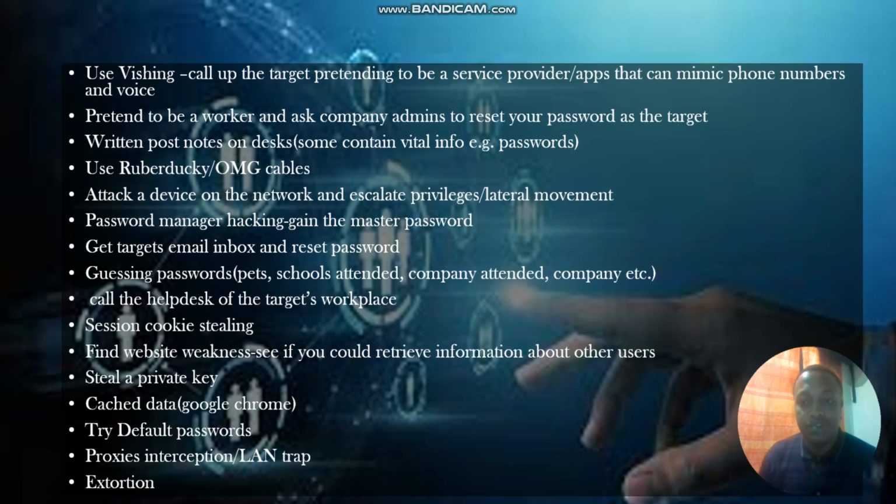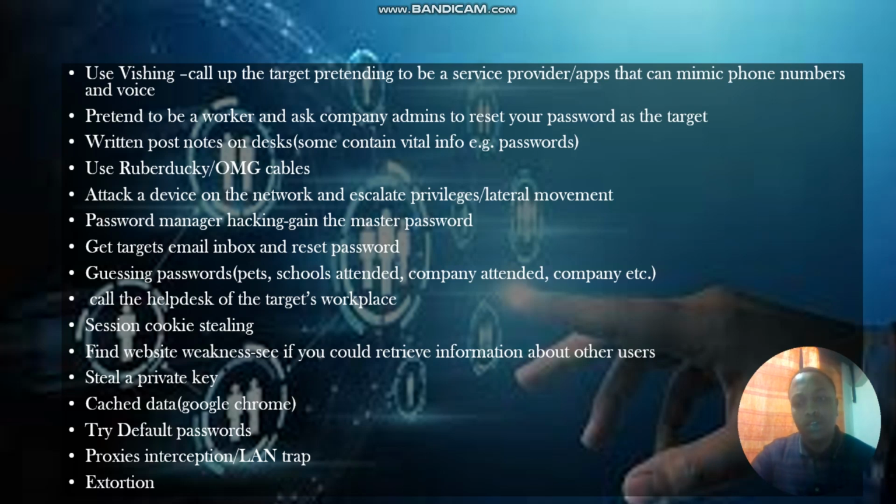And this could be very dangerous when it comes to companies or people of high value. So always look at your network and try to point out some of these things.